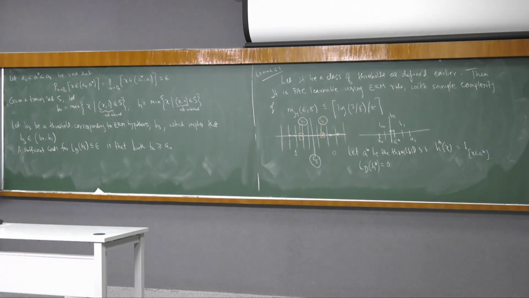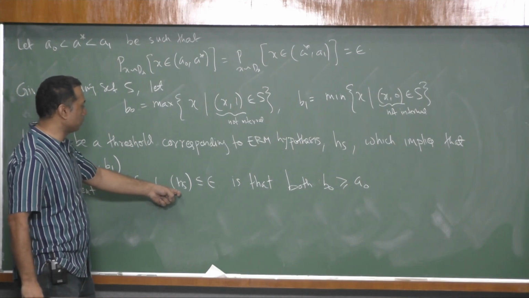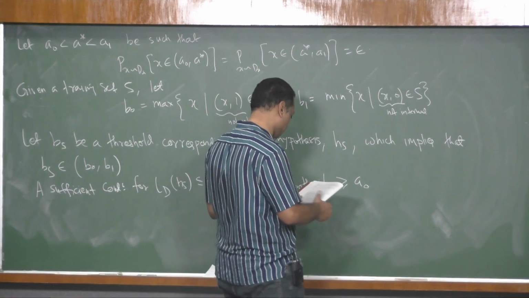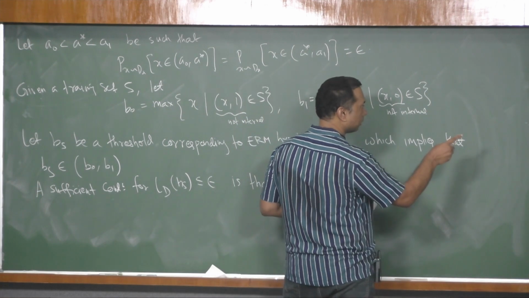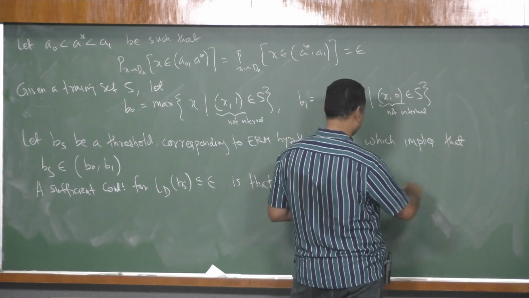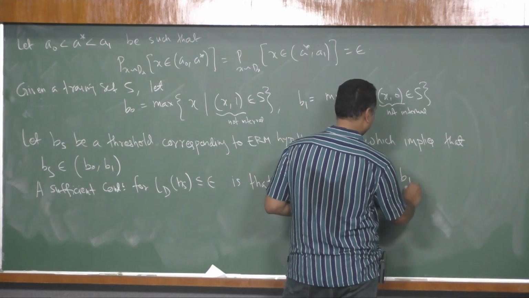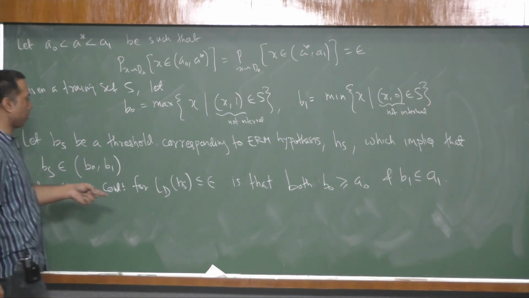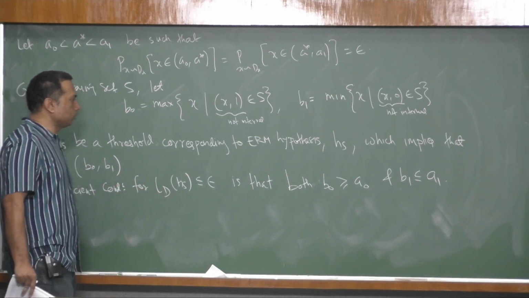So a sufficient condition for the test error to be less than equal to epsilon is that both B naught is greater than equal to A naught and B1 is less than equal to A1, right. We can take a negation of this also.